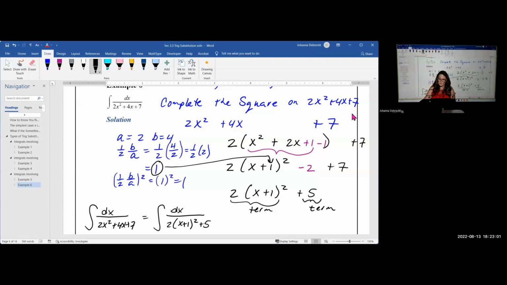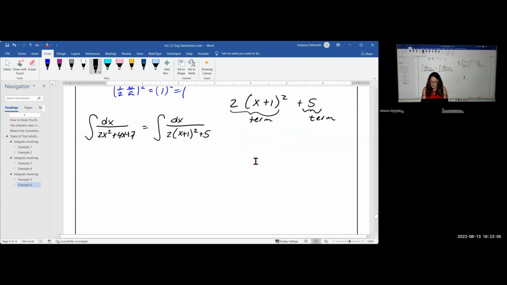So when we're looking at this particular one, let's start pulling apart the pieces that we now have. We have a squared plus u squared, or u squared plus a squared, whichever way you want to write it. So our a squared, maybe we should write it the other way since that's the order that it's in this time. Remember, a is always the constant and u is the thing that has x in it.